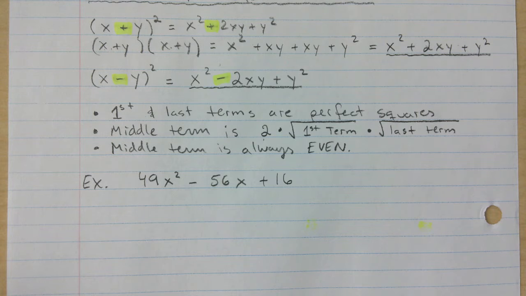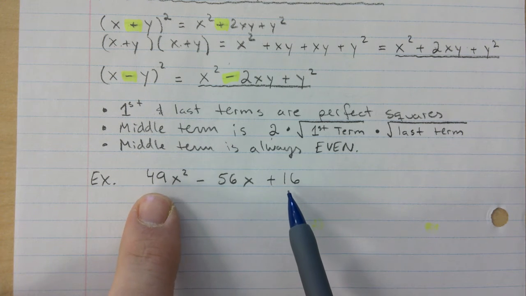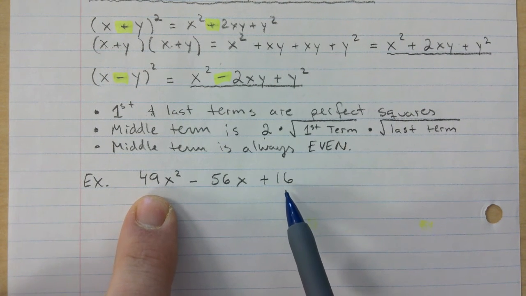Normally you could do the same thing as you've done before. Try to see if you can take out a negative. You can't, there's no negative in front. Is there a common term? Nope. The next thing I want you to watch for is to look at the first and the last number.